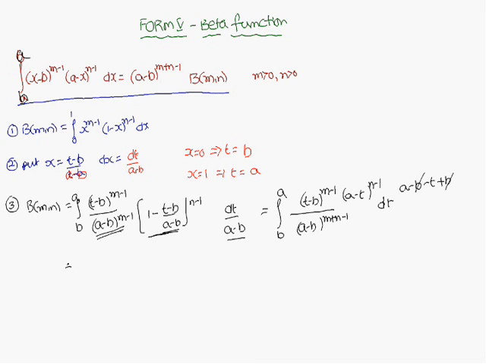So if you do the simplification, integral b to a x minus b whole power m minus 1 a minus x whole power n minus 1 divided by a minus b whole power m plus n minus 1 into dt.